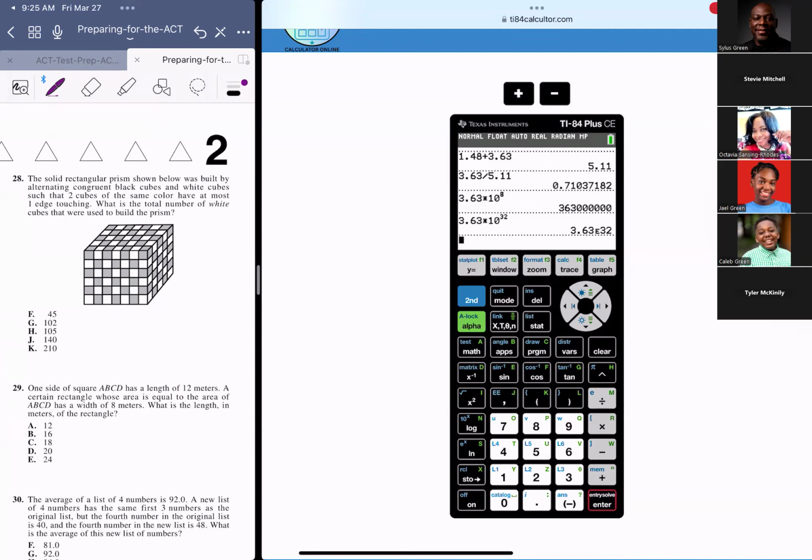Okay, so I feel like we can just count this. There's 1, 2, 3, 4, 5, 6, 7, 8, 9, 10, 12, 13, 14, 15, 16, 17, 18, 19, 20, 21. So there's 3 rows of 3 white cubes and 3 rows of 4 white cubes, I think.